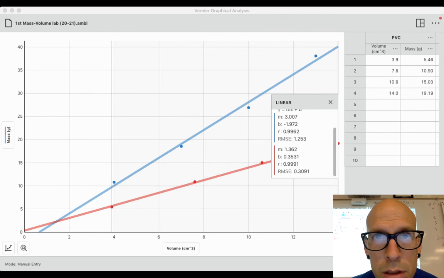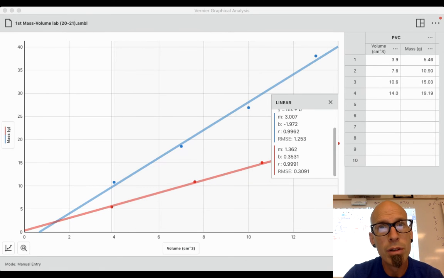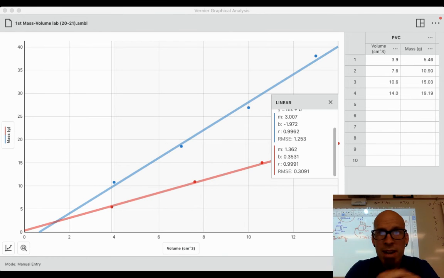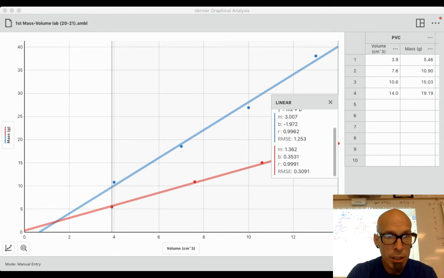These particles are way more what? Spread out than these particles, which makes PVC less what? Dense.